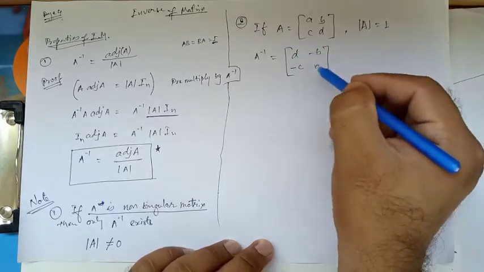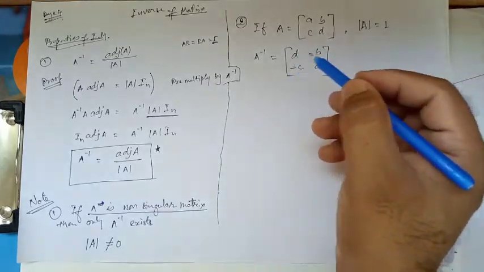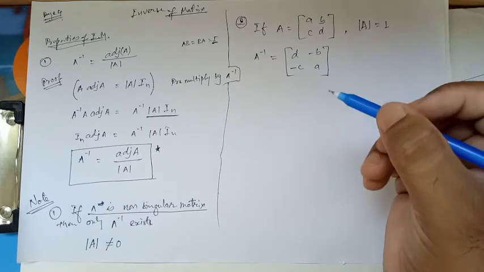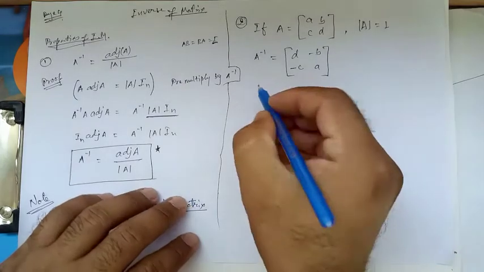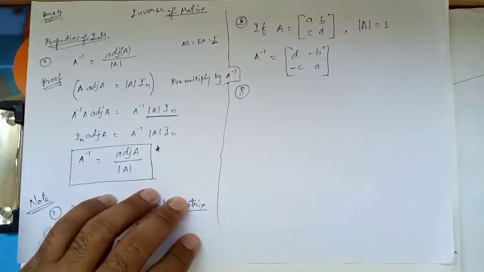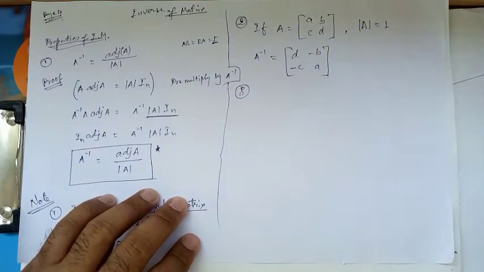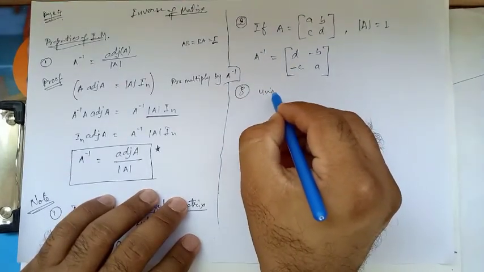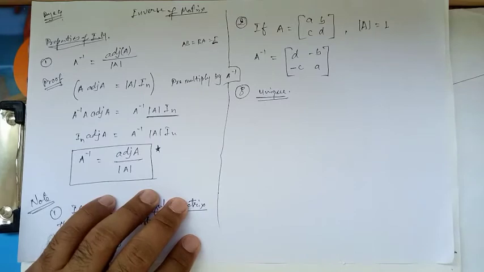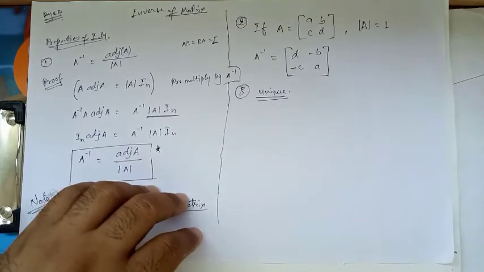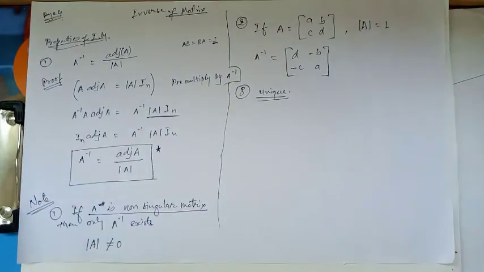This is nothing but the adjoint only. A inverse will become equal to adjoint. Next, we have seen that inverse is always a unique matrix. You will get A inverse always as a unique matrix.